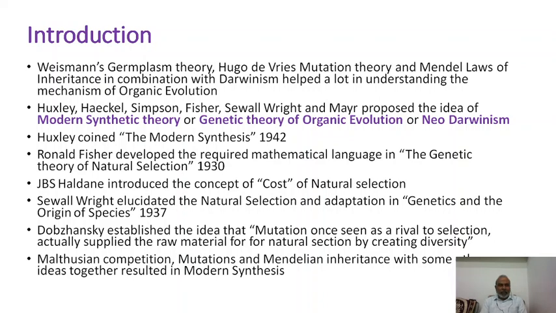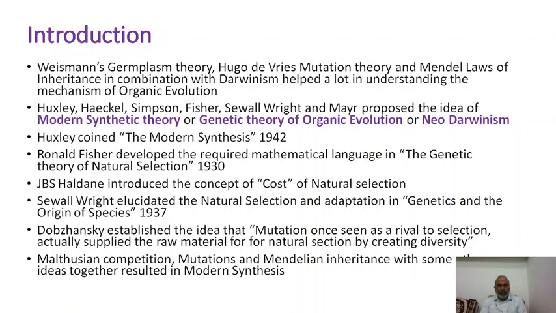Modern synthetic theory explains the correct way of the evolution procedure. The mechanism of evolution occurs by small genetic changes. Evolution doesn't actually occur as Lamarck mentioned, or as Darwin considered, that individual effort will bring evolution in the entire population.